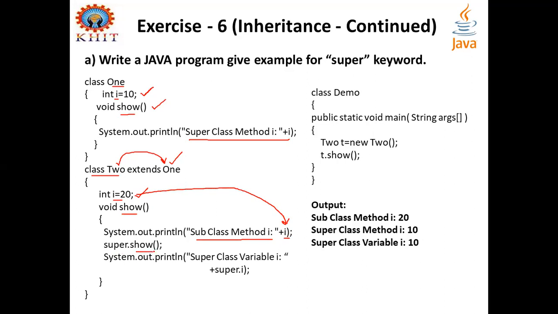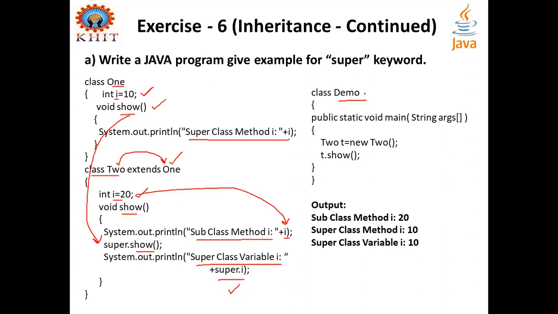And the show method of the superclass can be invoked by the statement super.show. Next one, it displays a statement with the superclass variable i, which can be accessed through super.i. So here there is no confusion for control. Super indicates that this i is a variable defined in superclass class 1.